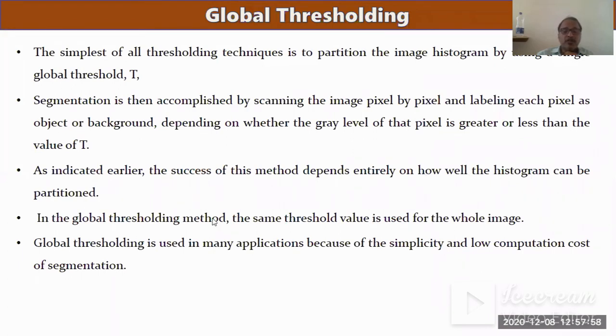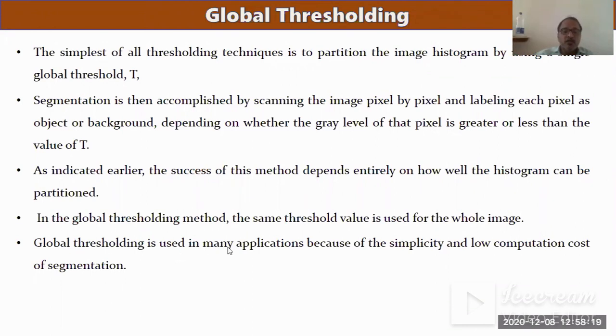In the global thresholding method, the same threshold value is used for the entire image, and that's why it is called global thresholding. So one threshold value is used for the entire image. We scan the entire image and the same value is used for comparison.